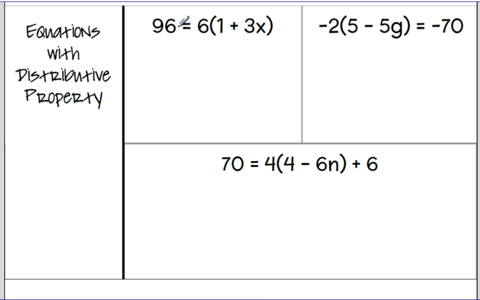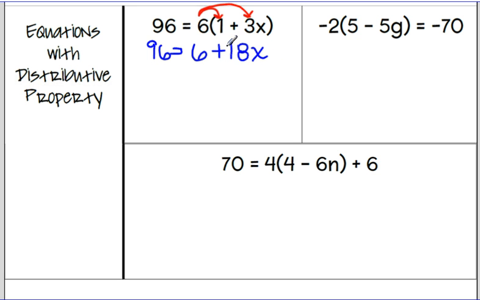So on this first example, we have 96 equals 6 in parentheses 1 plus 3x. So the first thing we have to do is to distribute this 6 through to each of the terms that are in the parentheses. So I would have 96 equals, well, 6 times 1 is 6, and 6 times a positive 3x would give me a positive 18x. And now we have a normal two-step equation, so we need to solve that.